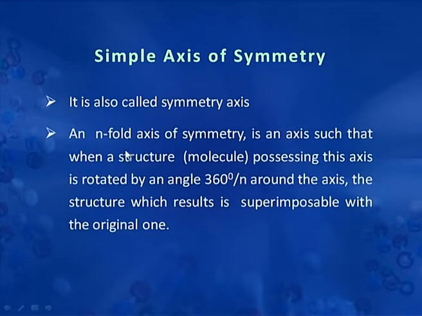An n-fold axis of symmetry is defined as an axis such that when a structure possessing this axis is rotated by an angle of 360 degrees by n around the axis, the structure which results is superimposable with the original one.